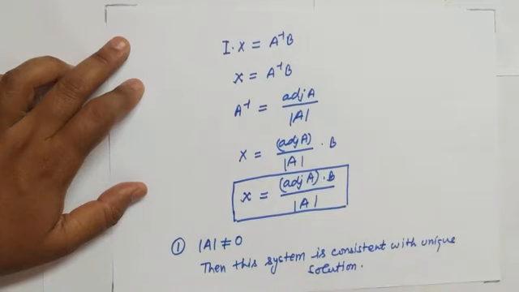Consistent means we can find the solution of these equations, and if we cannot find, then it is inconsistent. So the system is consistent with unique solution when determinant of A is not equal to 0.